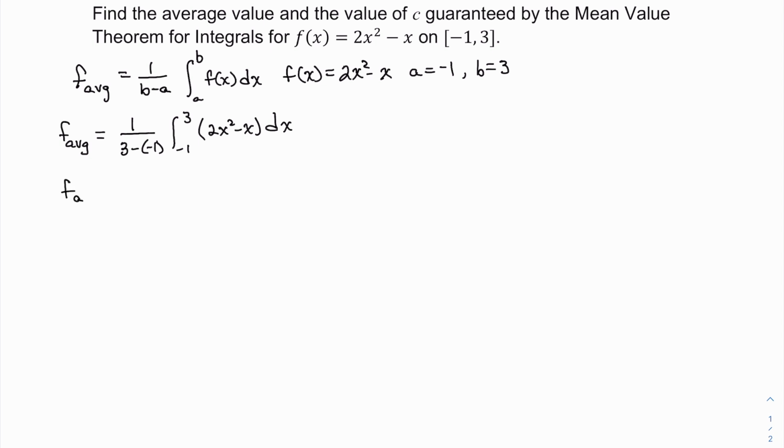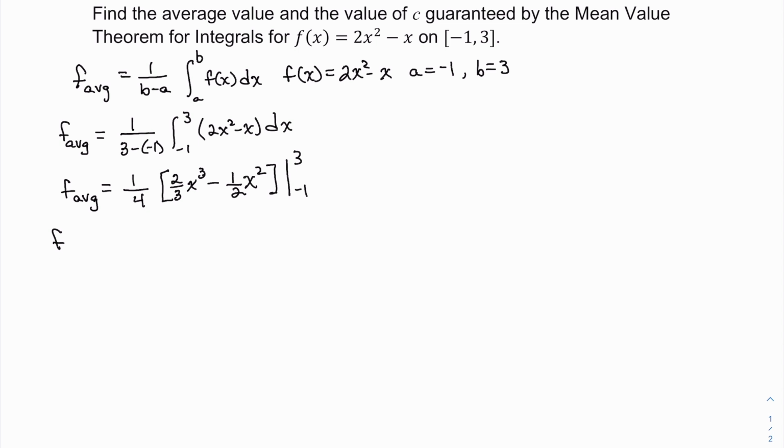So putting that into play, we have our average value of our function is 1 over 4 times, well, the integral of 2x squared is keep your base x, add 1 to the exponent, so 2 plus 1 is 3, and we take our constant factor and divide that by that 3 exponent, and then minus the antiderivative of x is 1/2 x squared.